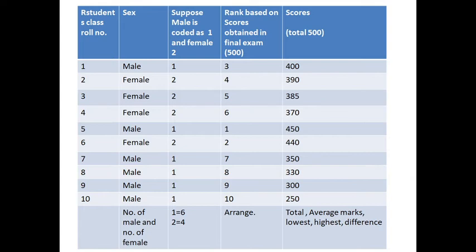So how much difference is there in the scores obtained by the rank 1 student and the rank 2 student, that is not possible to find out with the help of ordinal scale.